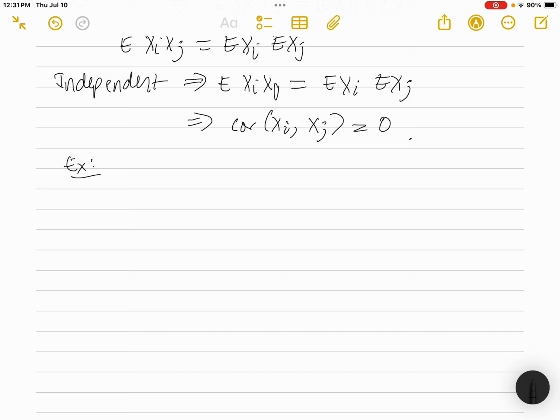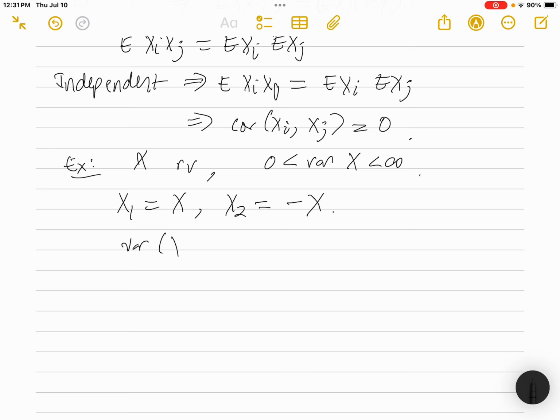Suppose that x is a random variable with a non-zero, finite variance, and consider x1 to be x and x2 to be negative x.